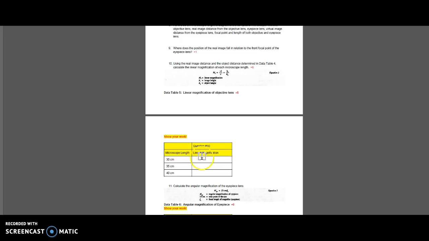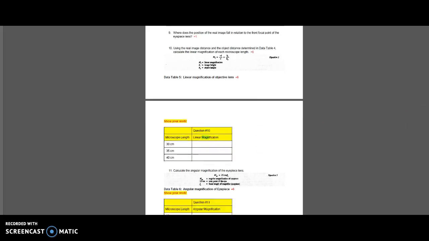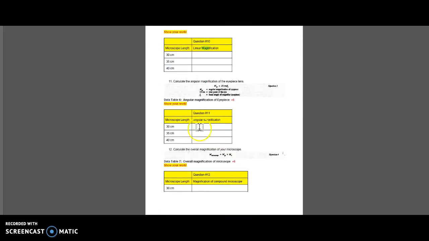So for the 30 centimeter microscope, or our first microscope, that is how to calculate the answer to question number 10, which was for the linear magnification, or the objective lens magnification. So we put that here. And then the eyepiece magnification, which all three of these numbers would be the same, you put in table 6 for question number 11.